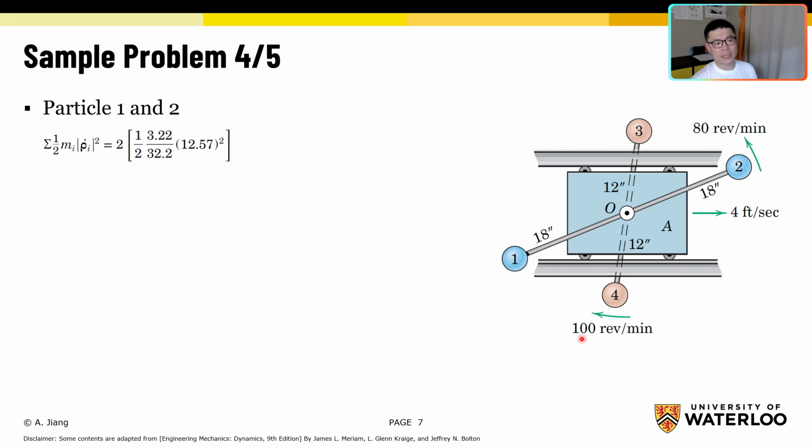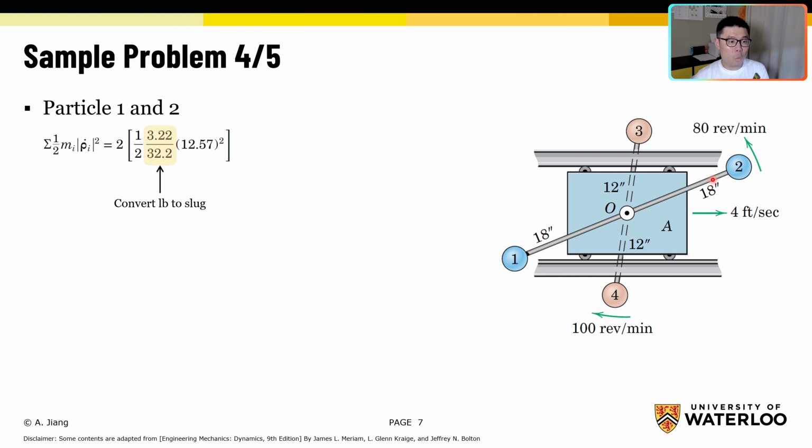Then we'll be calculating the kinetic energy caused by the individual particles. Here we'll use ball 1 and 2 as an example, as they share the same velocity and distance to the mass center O. They're all 18 inches apart from center O. Ball 1 and ball 2, or particle 1, particle 2.